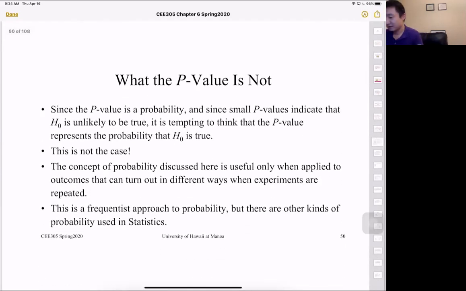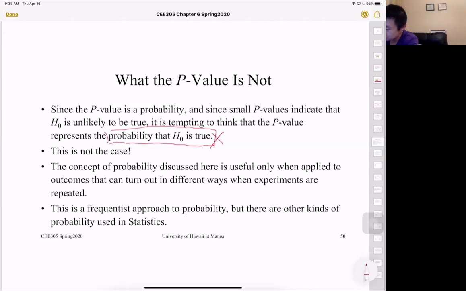All right, let's talk more about the p-value. We know the p-value is a probability, and a small p-value indicates that H0 is unlikely to be true. Some of us may think that the p-value is the probability H0 is true, but this is not the case.